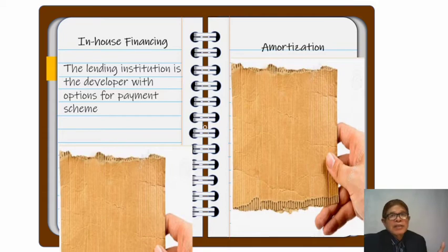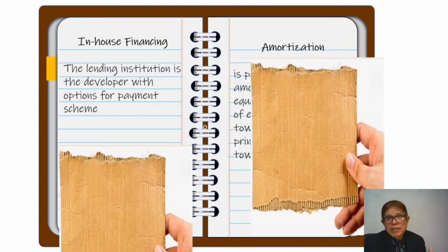But in-house financing is usually higher in interest. For example, OPMC charges 14% interest per annum with first year no interest. So in case your buyer does not have enough documentary requirements, it's best to convince him to take in-house financing as his option.